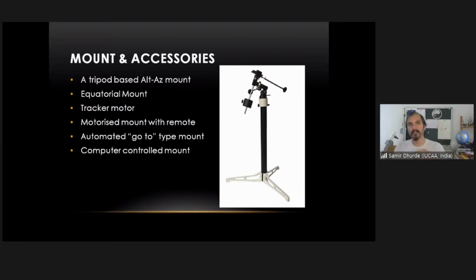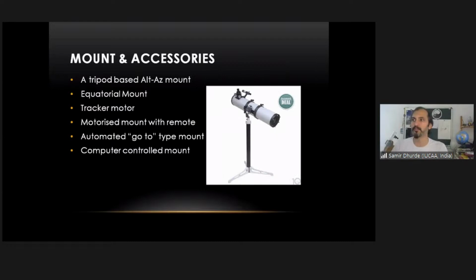Okay, so that becomes very handy when you want to observe something for a longer amount of time, or you want to constantly keep looking at the same object over a certain period of time, without losing time and finding it again and again and again. So this kind of a mount becomes very handy in that case. For hobby telescopes, an alt-az mount is perfectly fine.